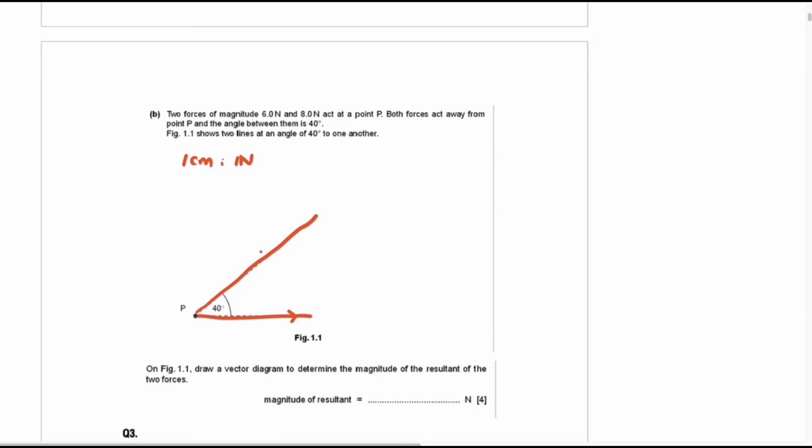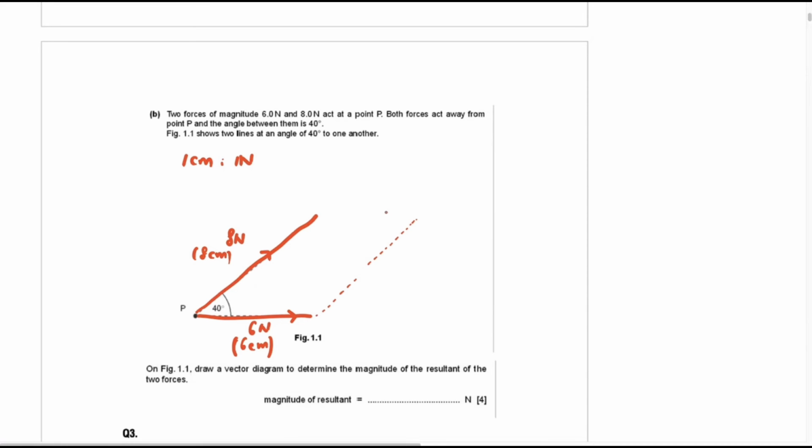So 8 Newton, which is 8 cm, then 6 Newton, which is 6 cm. Now we can just continue this with a parallelogram, the parallelogram law.